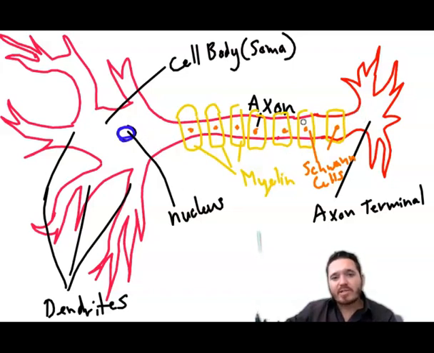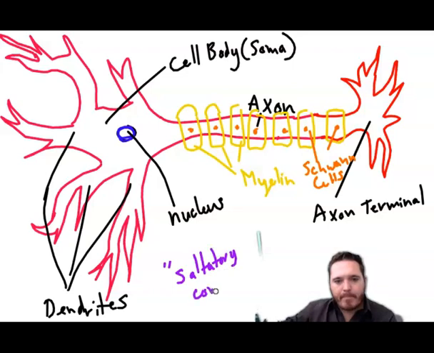This action of the signal transmitting faster due to the myelin is called saltatory conduction. Okay, and then there are these spaces between the myelin, so unmyelinated parts of the neuron, that we call the nodes of Ranvier.